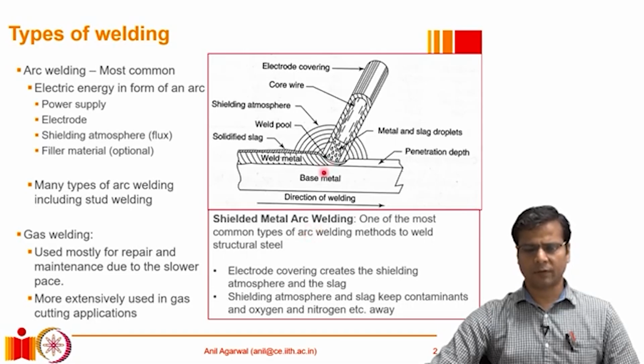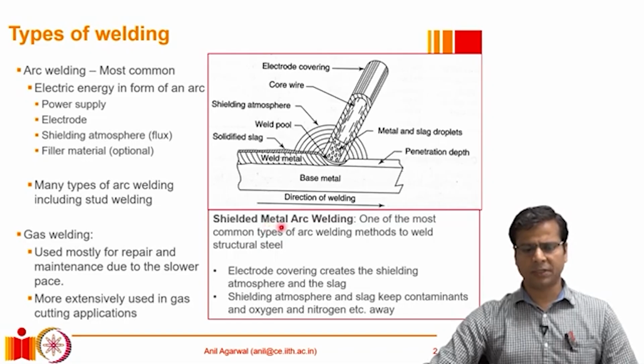Now, the majority of arc welding relies on some kind of shielded metal arc welding. What is a shielded metal arc? The shielding here refers to the shielded atmosphere, wherein an inert gas atmosphere is created around the weld zone, and that shielded atmosphere prevents oxygen and nitrogen from reacting with the molten metal.